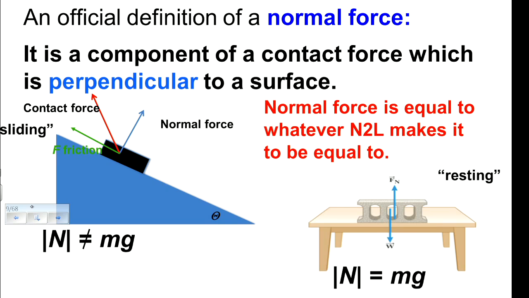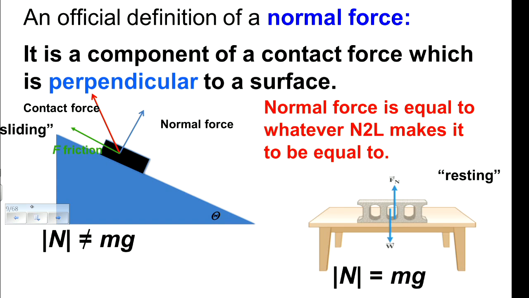It's a definition. It requires acceptance. You accept that or not. If you don't accept this, you should leave. That's it. This is the normal force. And when you change the angle, the normal force also changes. But of course, this is the easiest situation.